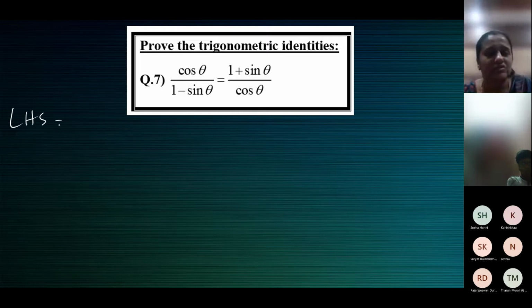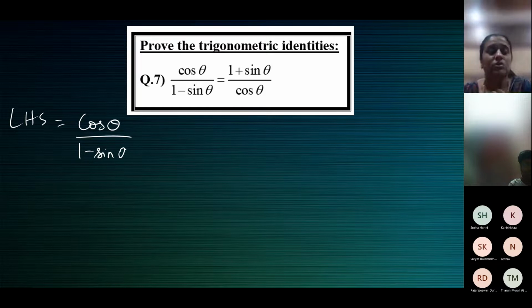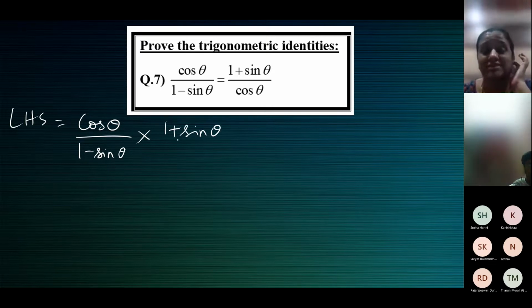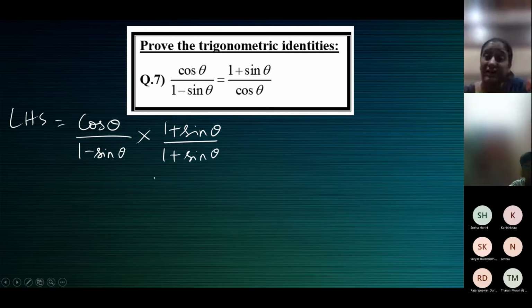Just telling you about the other method. Take up the LHS, cos theta by 1 minus sine theta. You should not multiply the numerator and denominator by 1 minus sine theta. You have to multiply by 1 plus sine theta, because only then the denominator will be like a minus b into a plus b, so you will get a square minus b square.